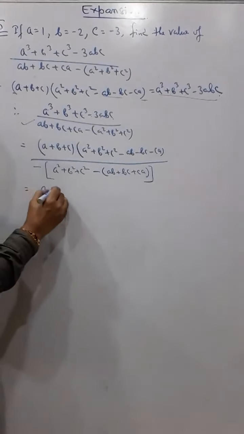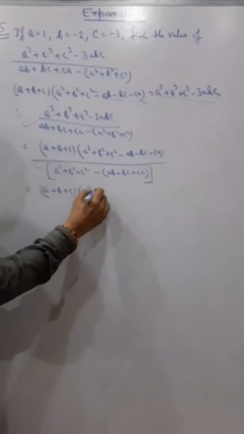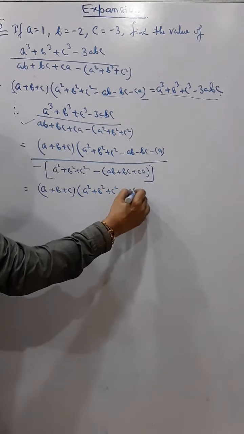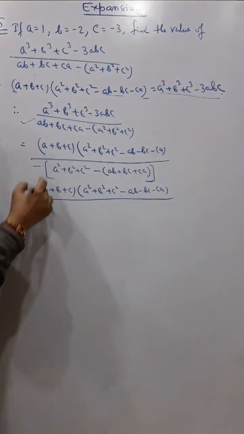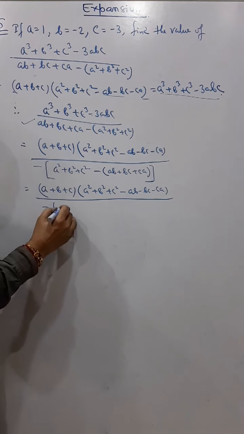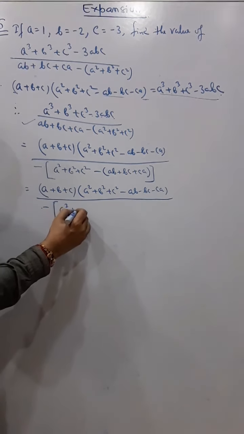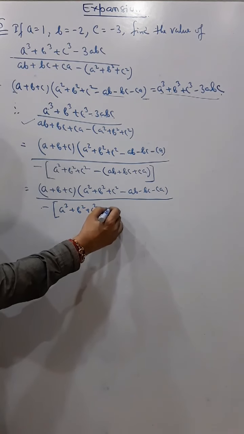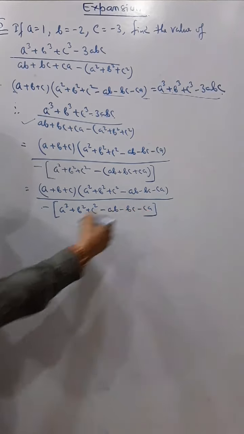Now it is a plus b plus c, a square plus b square plus c square minus ab minus bc minus ca, and here what you have? Minus, and then in big bracket, we have a square plus b square plus c square minus ab minus bc minus ca.